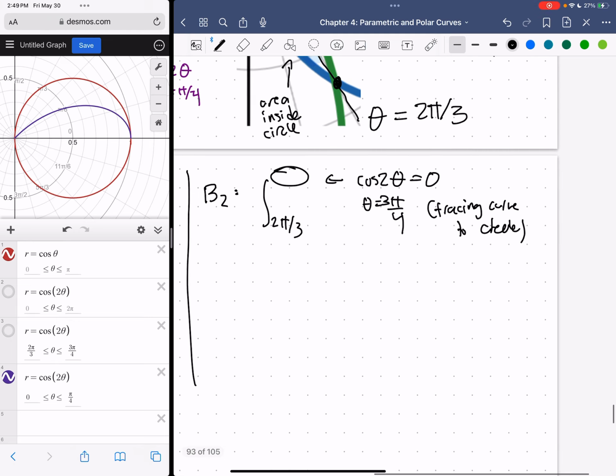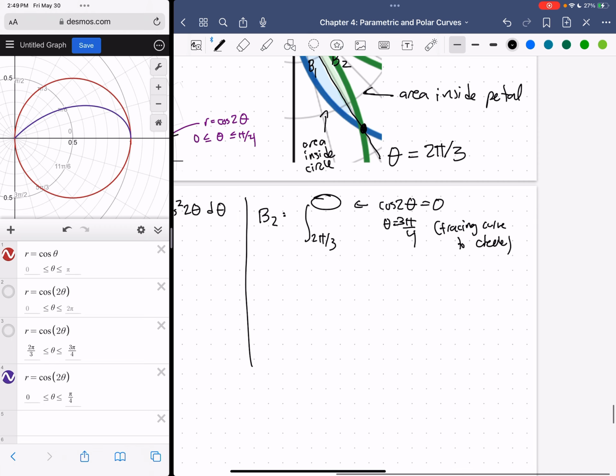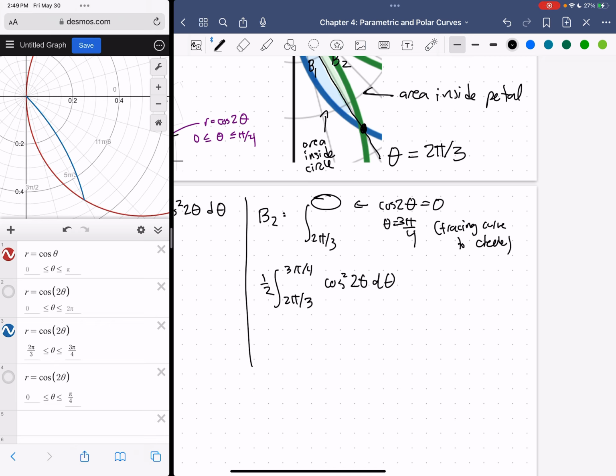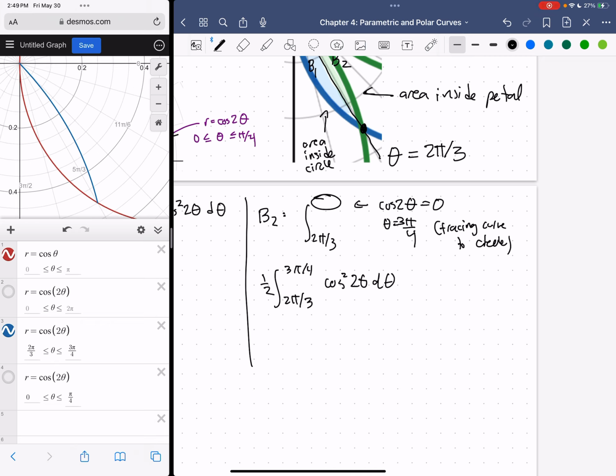Okay, so that means this little area B2 we can say is 2 pi over 3 to 3 pi over 4, and then it's again just cos squared 2 theta d theta. Oh, and the 1/2 in front. And this one I've also sketched out only that part, and you can see that is indeed what we're dealing with there.